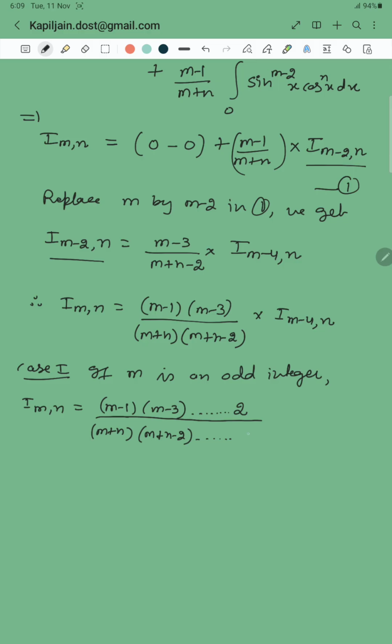So by decreasing by 2 we end with n plus 3, and this multiplied by I_1,n.